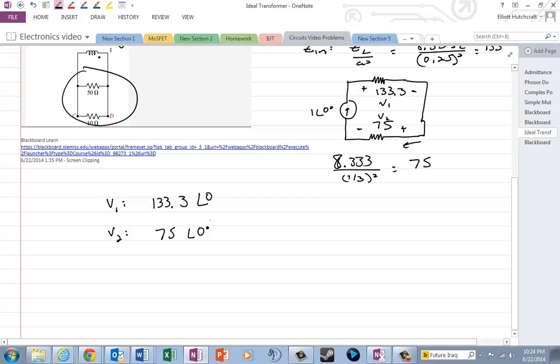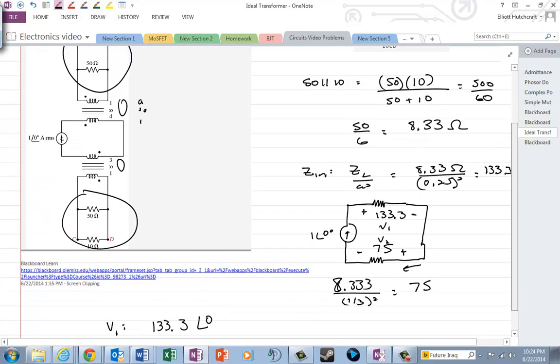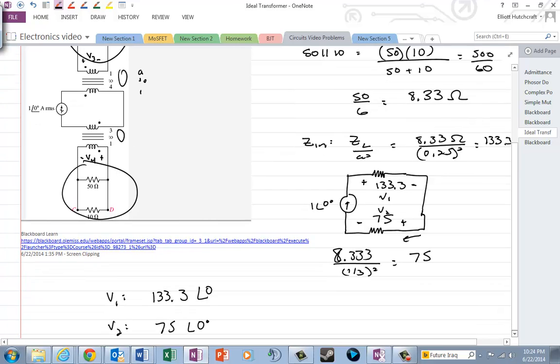And so, okay, now if I look at V1 side, then if I call this voltage up here V3 and this voltage down here call it V4, notice that I can easily do what I said, and that is use the standard formula with a plus.